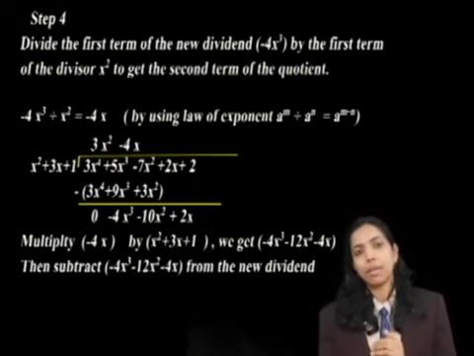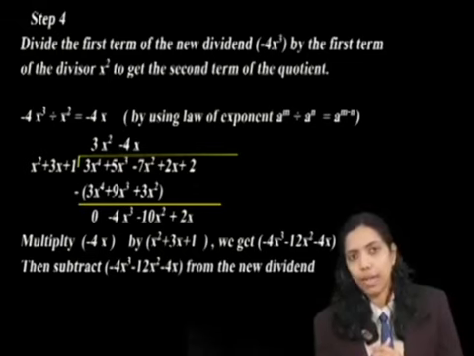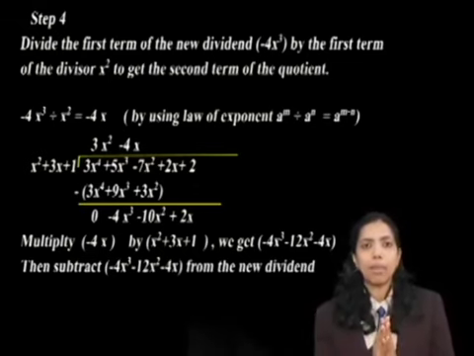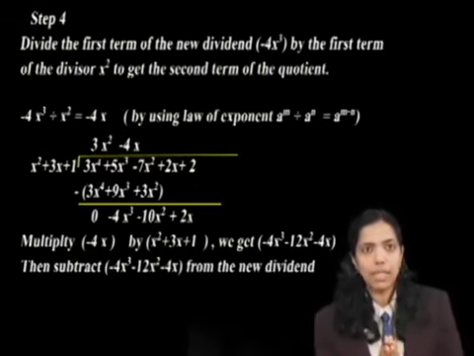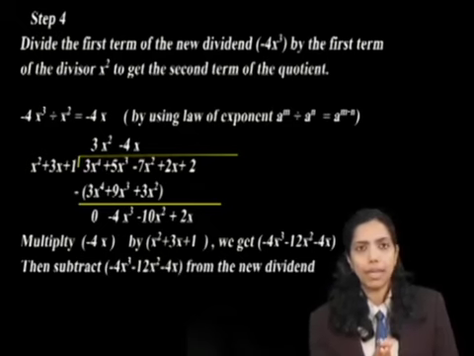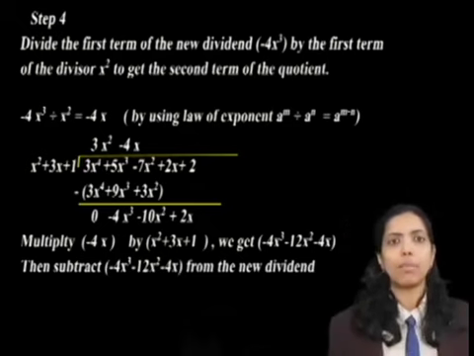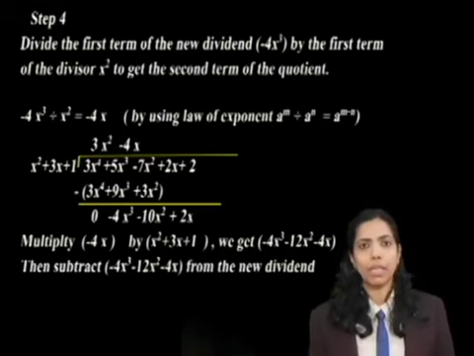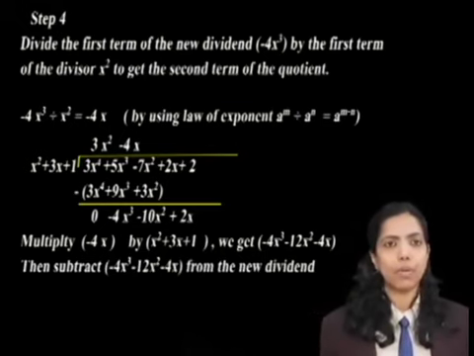Now what is the next step? After the division we have to go for the multiplication. Multiplying minus 4x by the divisor x square plus 3x plus 1, we are getting the answer as minus 4x to the power 3 minus 12x square minus 4x.